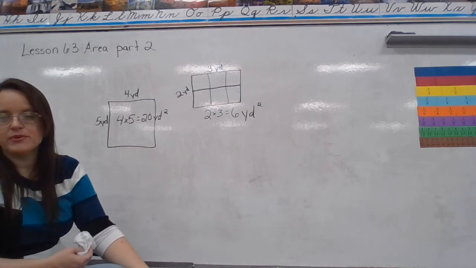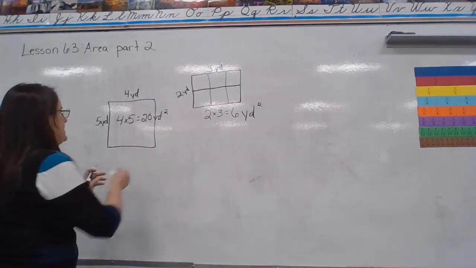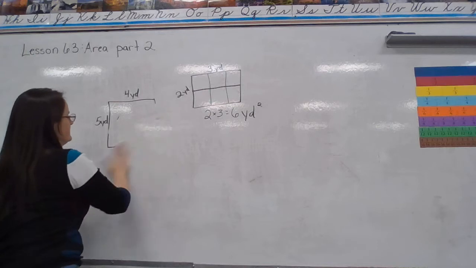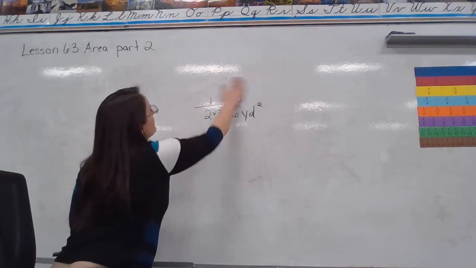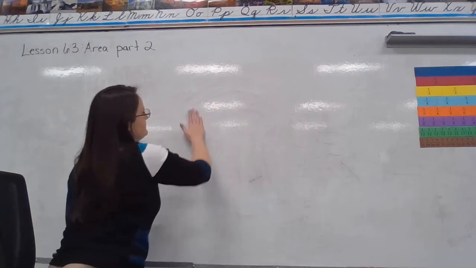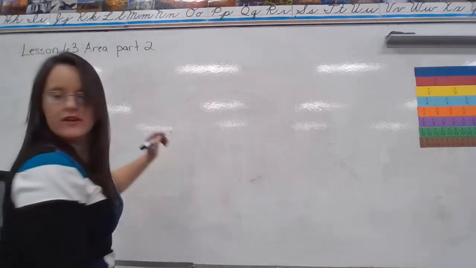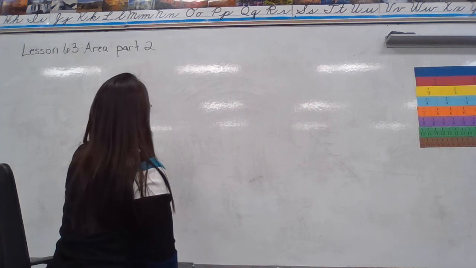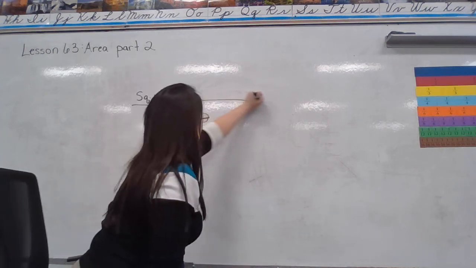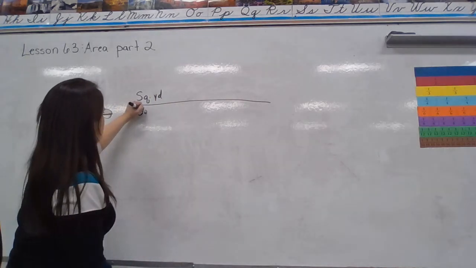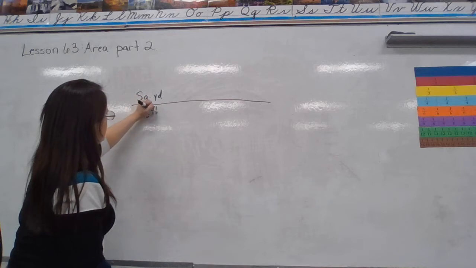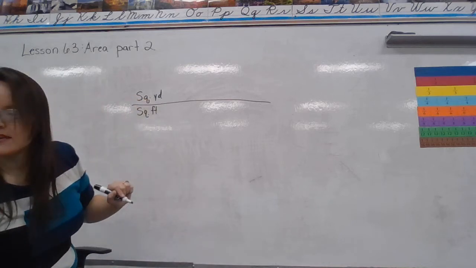All right, and problem C has a table for us. Square yards, square feet, and it goes up to 6.